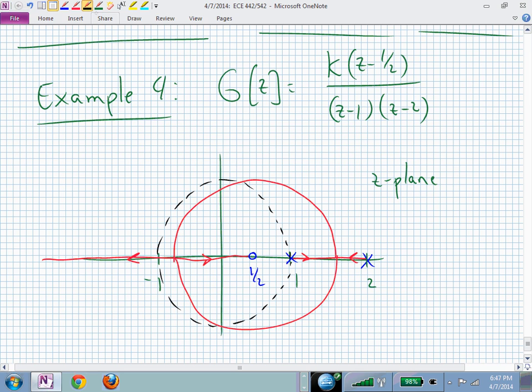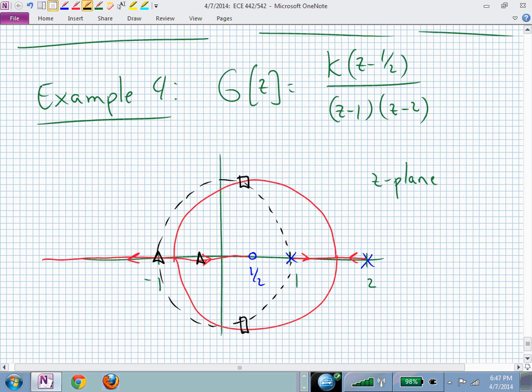So we'll enter here, and we'll leave. One guy will leave there, 2 will enter. See how symmetric it is? It's conjugate symmetric. But once one goes out, we've lost stability.